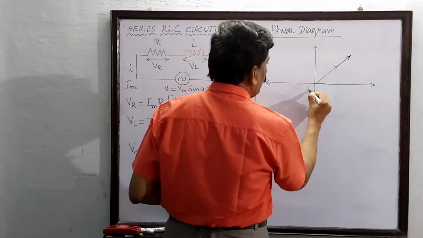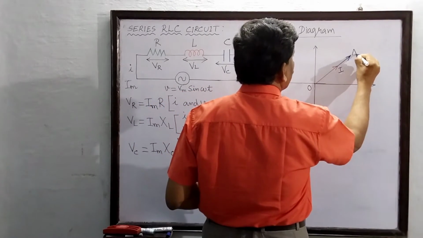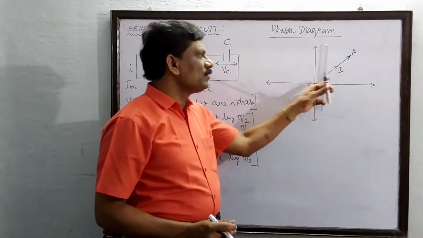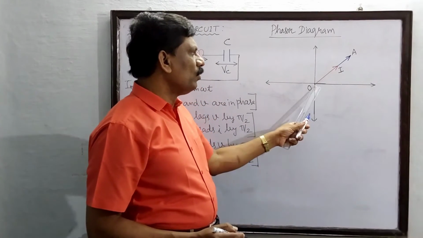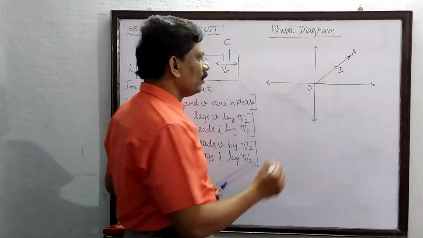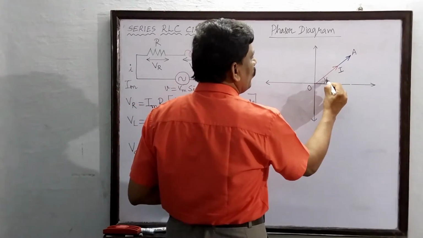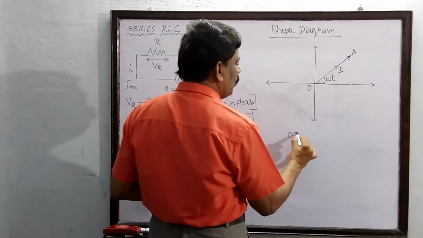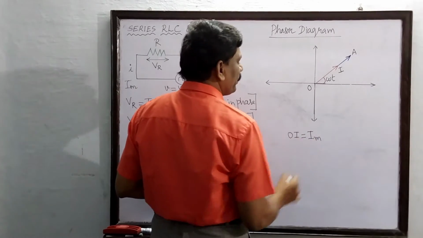So this is O and this is I. This is A. Okay students, so OI is one phasor, OA is another phasor. Now the magnitude OI is equal to the maximum value of the current. So this angle is omega t. I will take the magnitude of OI equal to the current maximum.